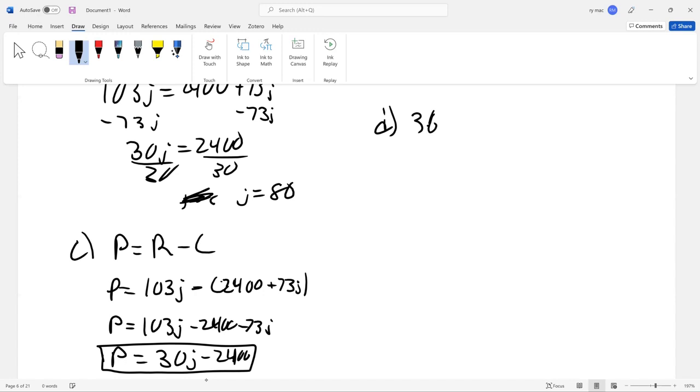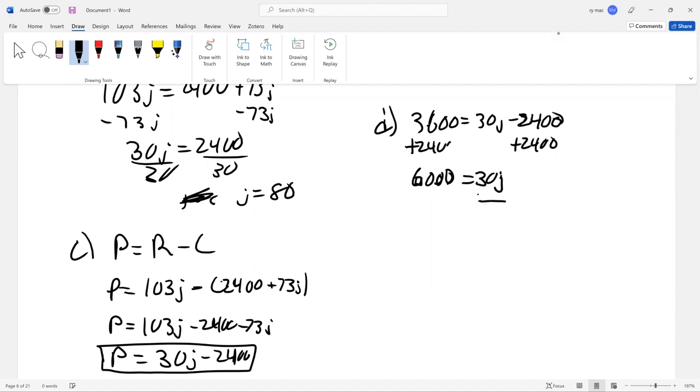3,600 is equal to 30J minus 2,400. All right, so adding 2,400 on both sides, we get that 6,000 is equal to 30J.